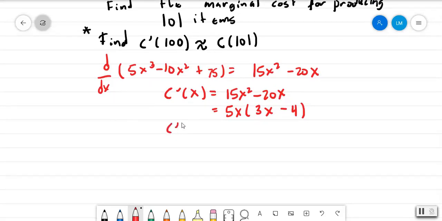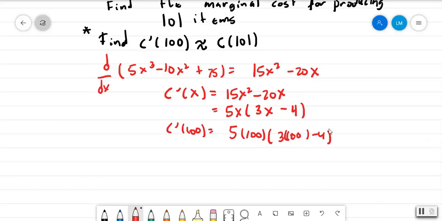So we have c prime of 100 is equal to 5 times 100, and then we have 3 times 100 minus 4.